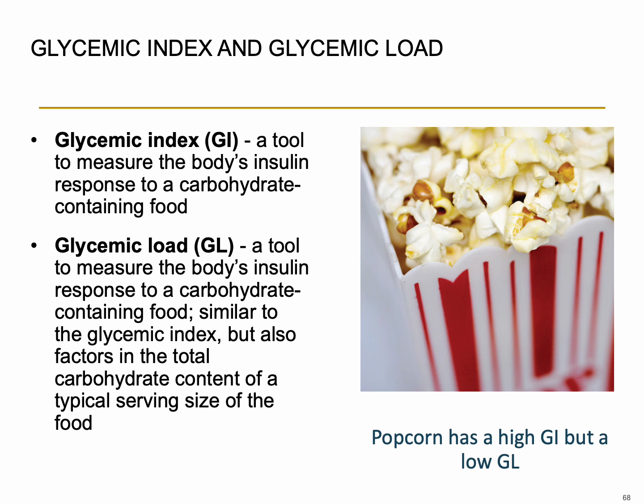But since it's relatively modest in overall carbohydrate content per serving, for instance, a few cups of popcorn still has a relatively modest amount of carbohydrate in it. It won't elevate blood sugar that much, even though it's a relatively simple kind of carbohydrate. It has fiber, it has water, and it has a lot of volume.